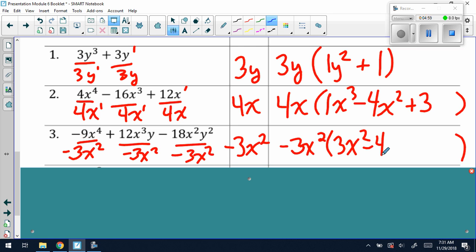X cubed divided by x squared is just x. And then the y comes along, because there's no y that's dividing. And then negative 18 divided by negative 3 is a positive 6. The x squareds are going to cancel, and I'm going to have y squared left.